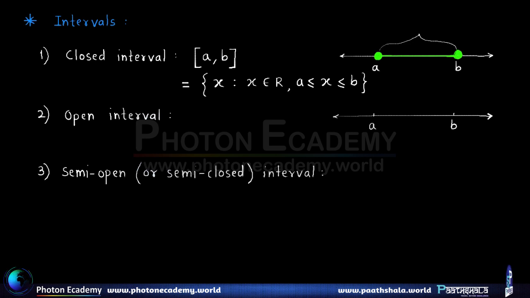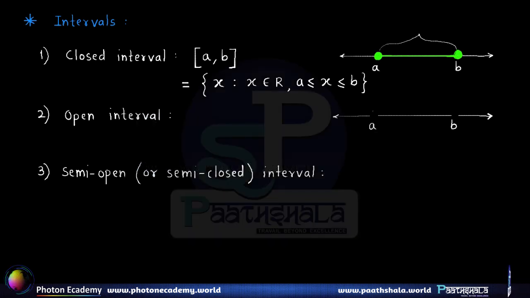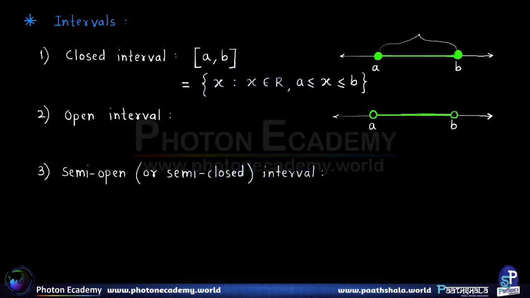To show that, at a and b we show a hollow circle, and the region between a and b is highlighted. That means we want all the numbers between a and b, but the endpoints, that is the values a and b, are to be excluded.